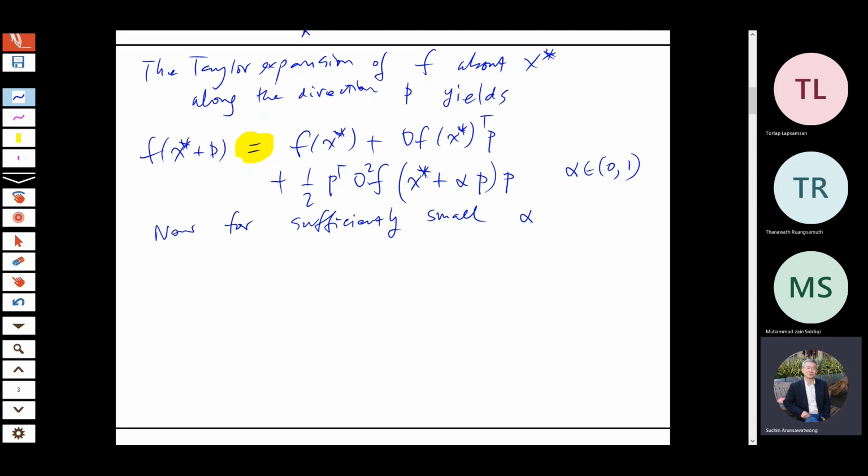Sufficiently small, in mathematics we say for sufficiently small alpha.